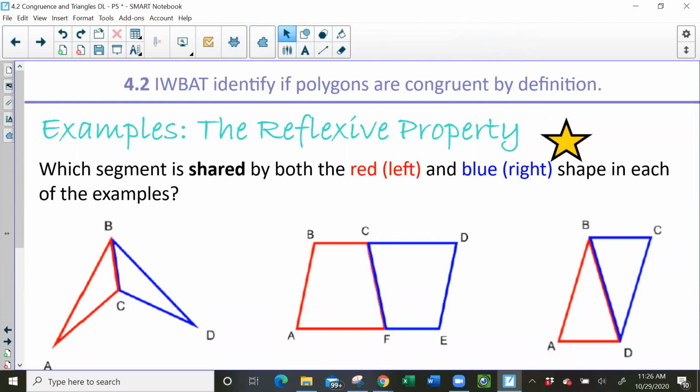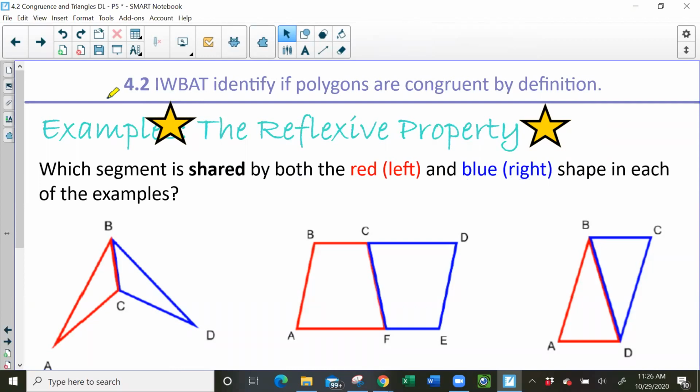This reflexive property, put a star by it. Put 2 stars by it, because you will be using the reflexive property in geometry a lot.